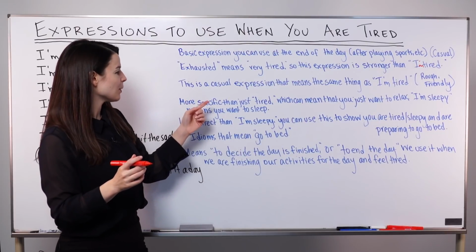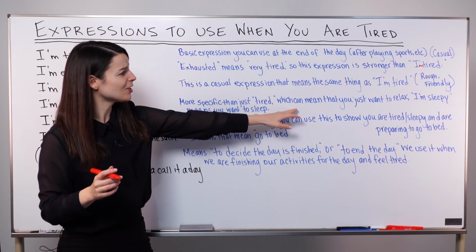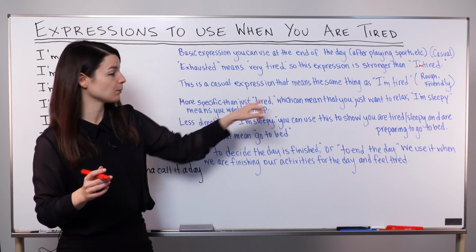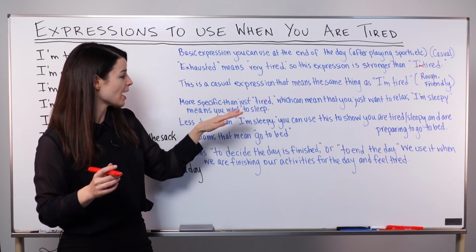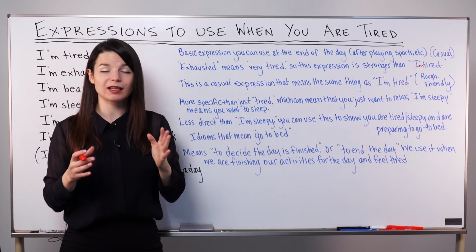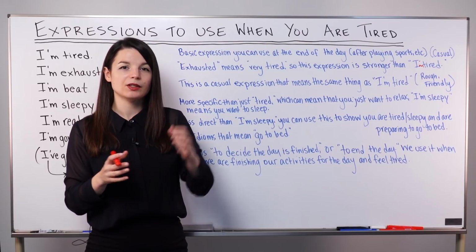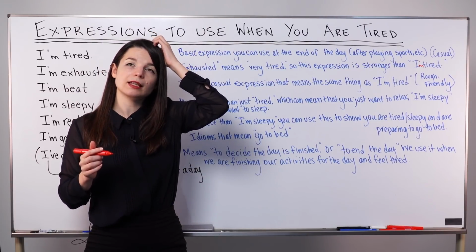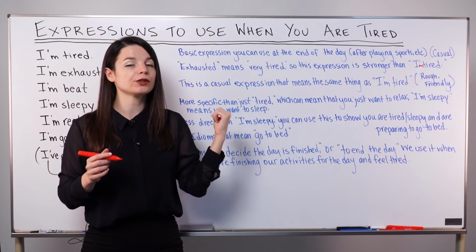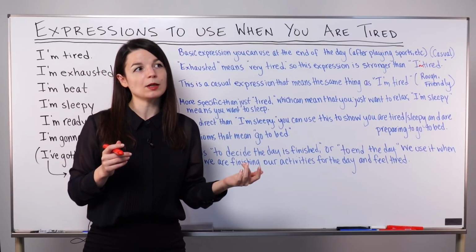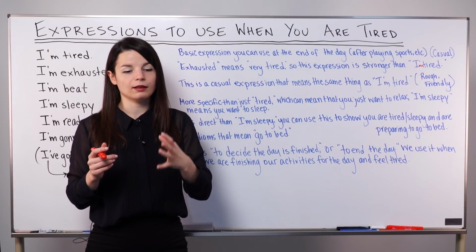So I'm sleepy means not just that you want to relax, which is like with tired, but I'm sleepy specifically means you want to sleep. I've heard learners use the words I'm sleepy in lessons.